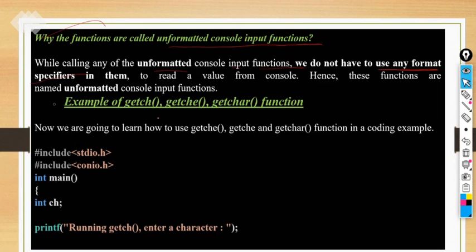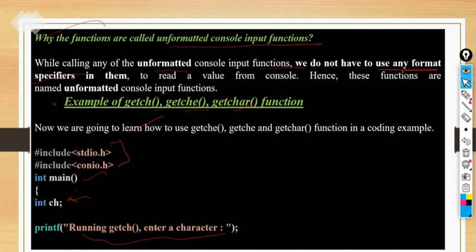Here we are taking an example to distinguish getch, getche and getchar. We write the header files and start the main function. ch is the variable that we are declaring here. The printf prints the text written in the double quotes as it is: "Running getch, enter a character".